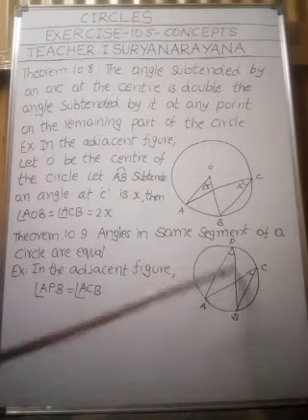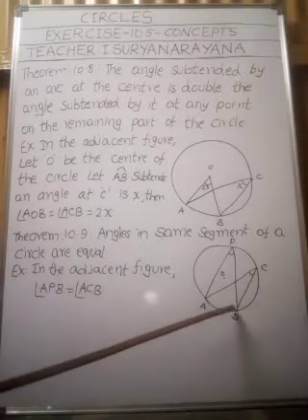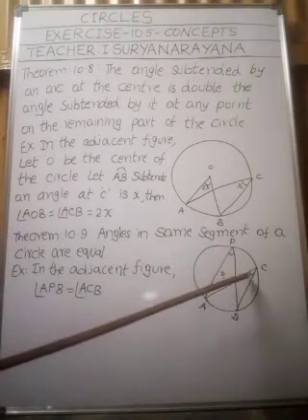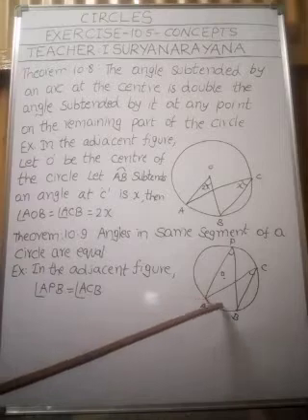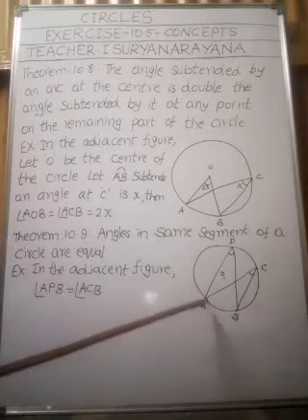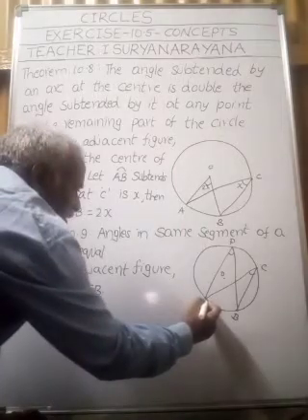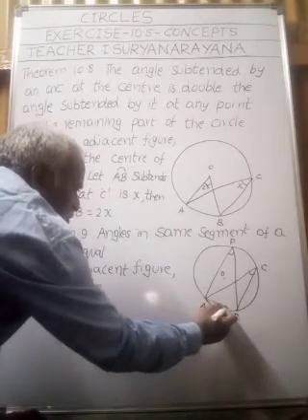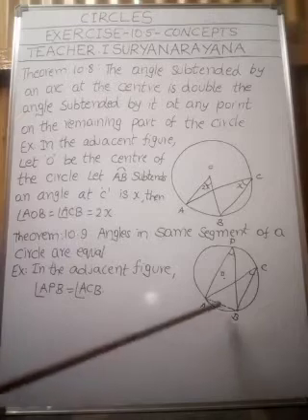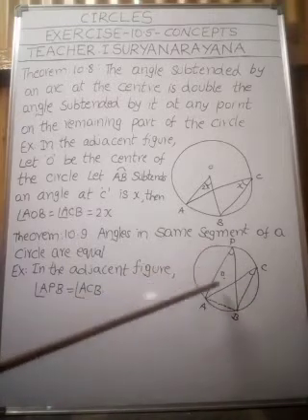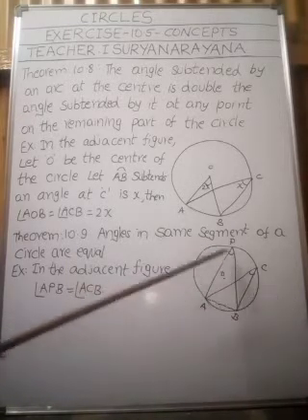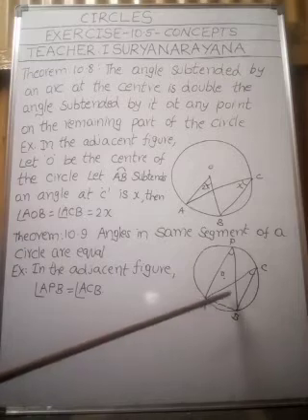Angle APC and angle ACB are equal. Suppose you take this segment AB and join AB. The circle is divided by this chord AB into 2 segments.